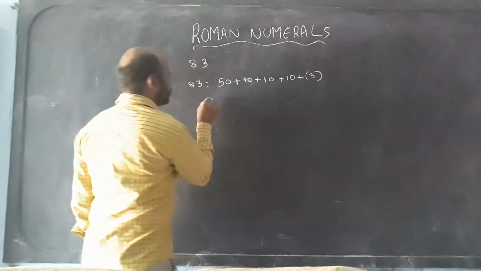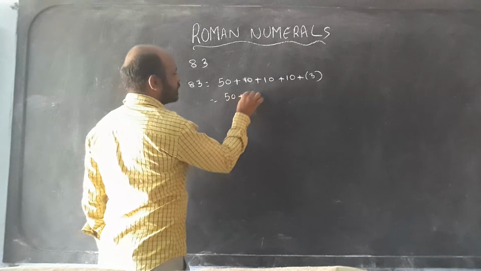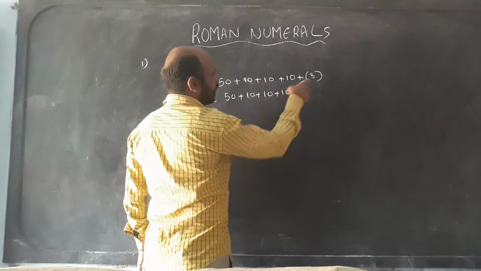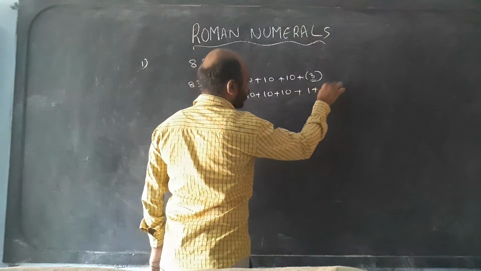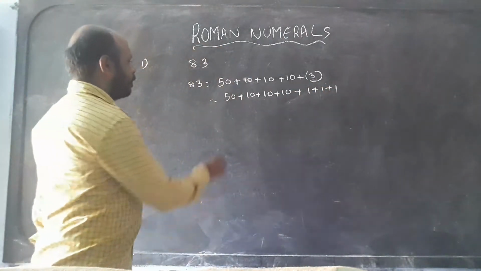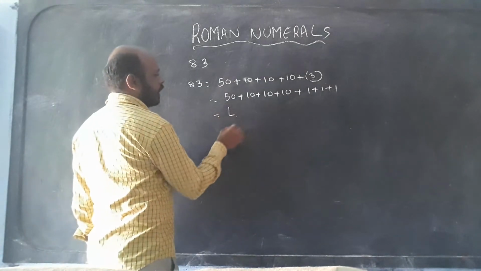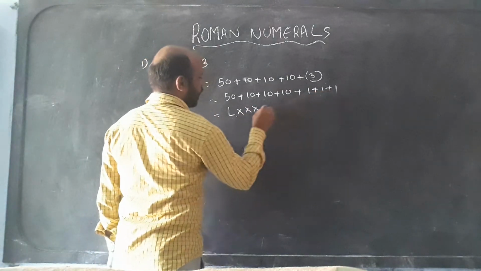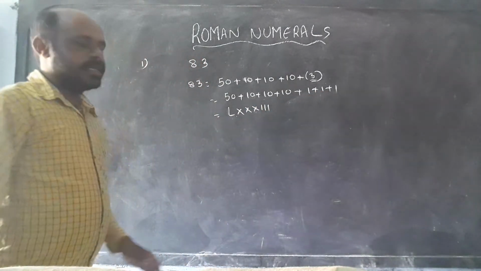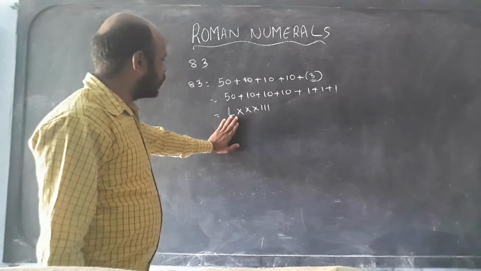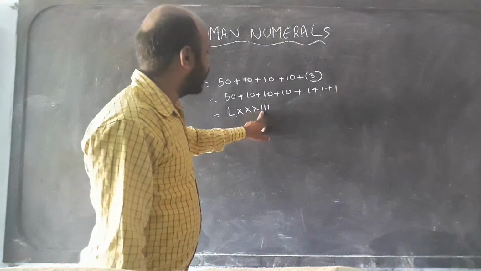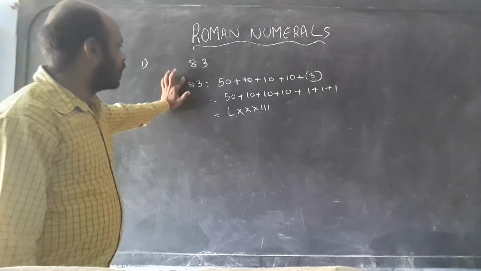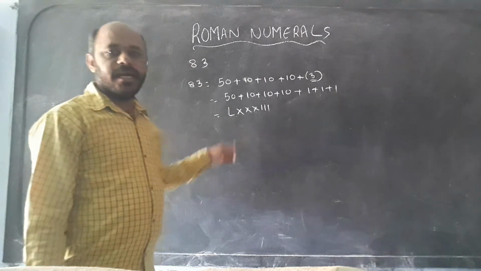How to write 3? 1 plus 1 plus 1. 50 is L, then XXX, then the value of 1 is I. So 83 is equal to LXXXI. This is the root: if the Hindu-Arabic numerals are given, then we can write the Roman numerals.